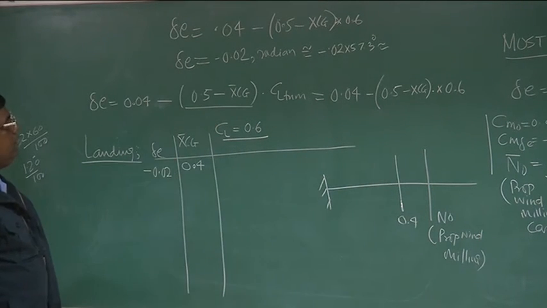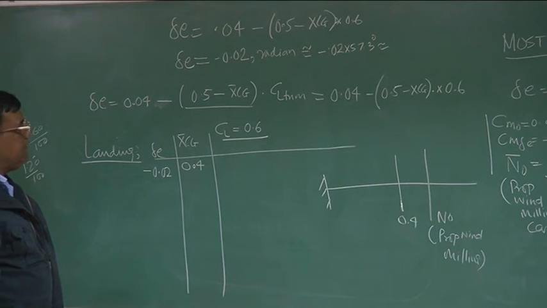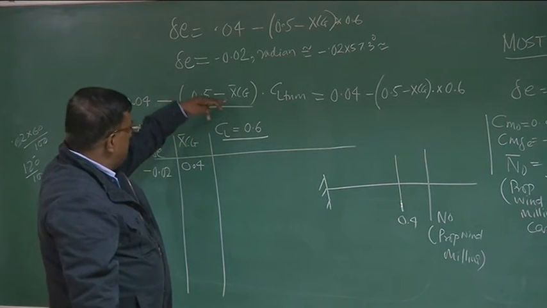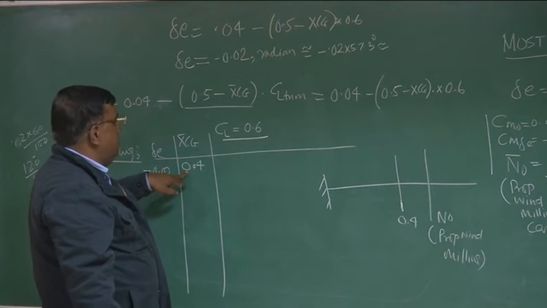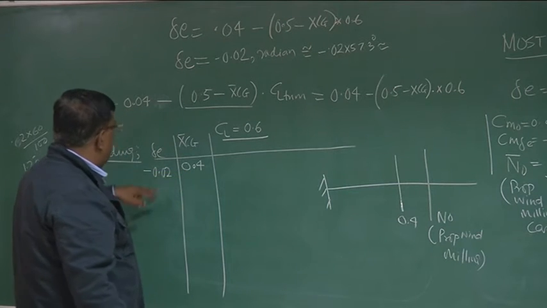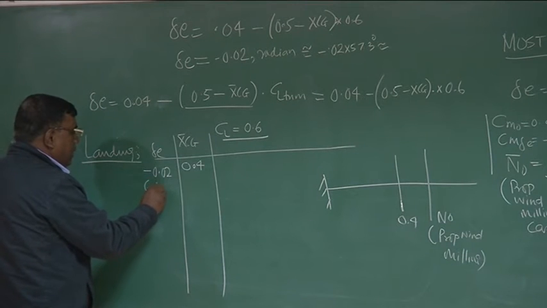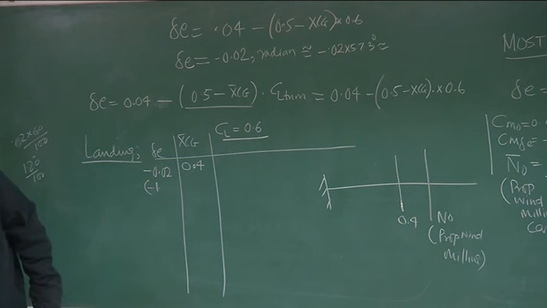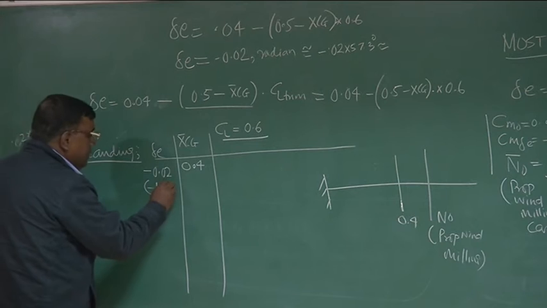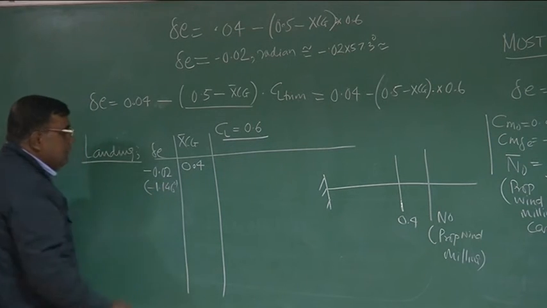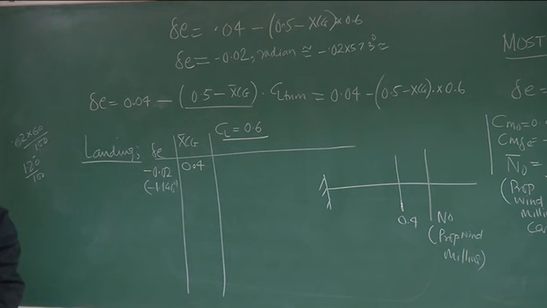We have seen for one tentative case, if I take xCg equal to 0.4, then delta E required is minus 0.02, which is roughly minus 1. My calculator shows 1.146 degree. Am I correct? Yes. Now think of a second case.